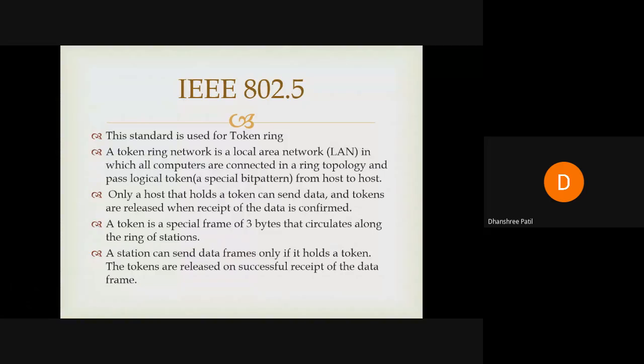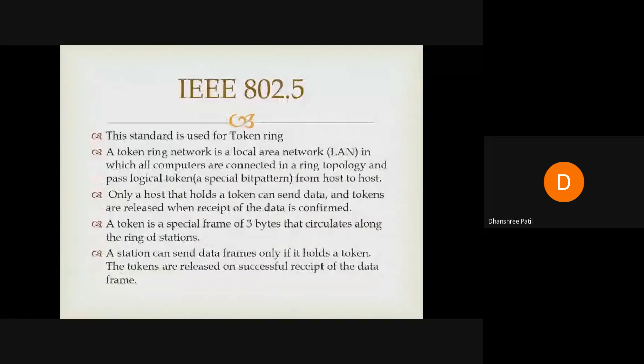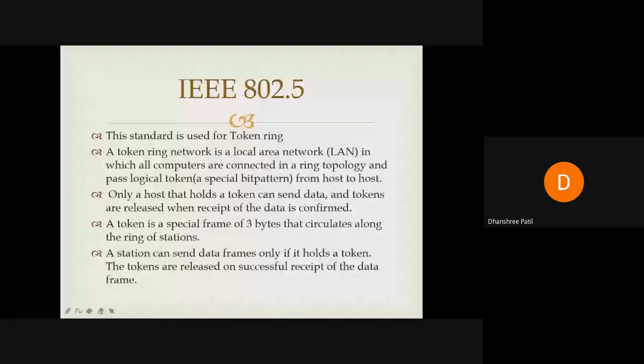So the IEEE 802.5 standard is used for the token ring. The working of the token ring is the same as the token bus, that the node who wants to send the message should have a token with it. The only difference is that all the nodes are already connected in a LAN or in a token ring structure. So the token ring network is a LAN in which all the computers are connected in a ring topology and pass the logical token from host to host, that is from one node to another node.